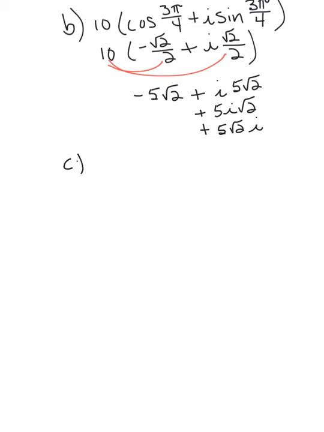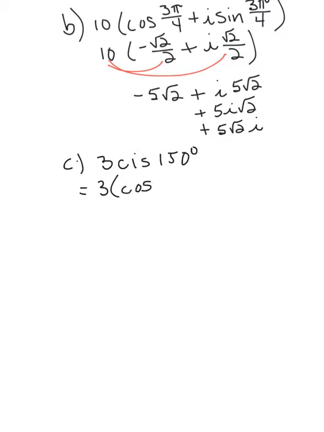On example C, they wrote the problem a little differently. This is the shorthand version of writing a polar number. We put this cis in there. So what you need to recognize is that the C stands for cosine.